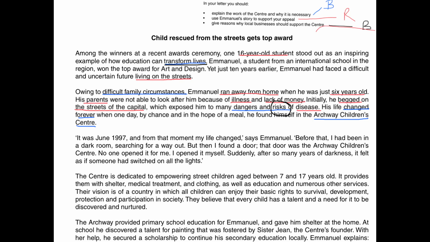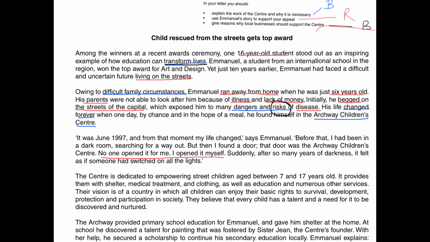Well, I've got a bit of a problem here. This is all quotation, and I've got to use my own words. Is there anything in there about the work of the centre? No. Is there stuff about his story? Yes, I suppose there is. There's this idea of him deciding for himself, and so this idea of self-determination I'm going to have to come up with.